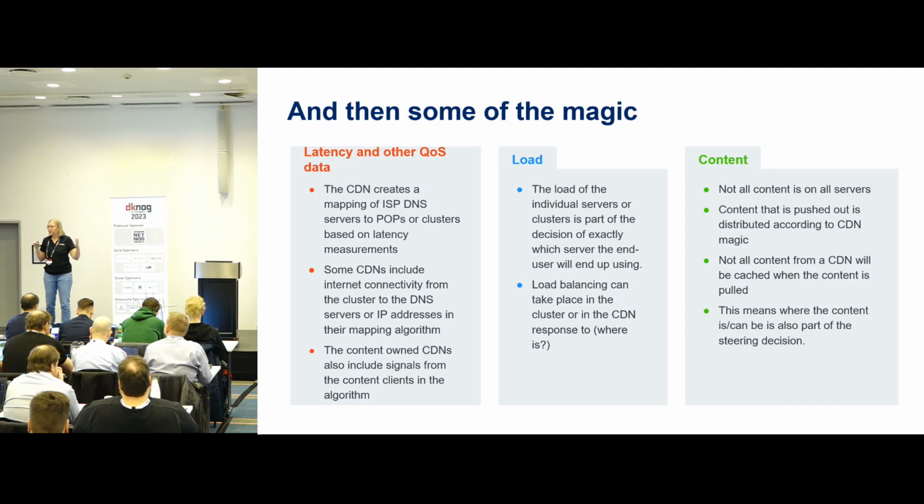Others are like movies, maybe the popular movies, it doesn't make any sense to put those into the network. They will stay on large centralized sites where there is enough disk space to hold them. So again, you can never expect to have 100% of the traffic going to the embedded servers, because the CDN has made decisions that mean that will not happen.